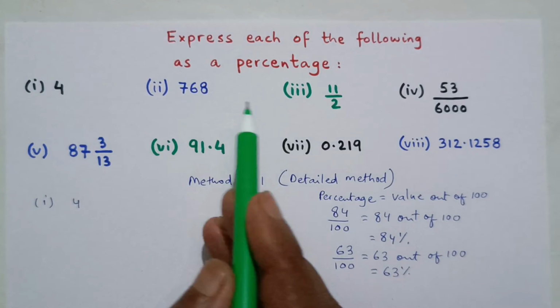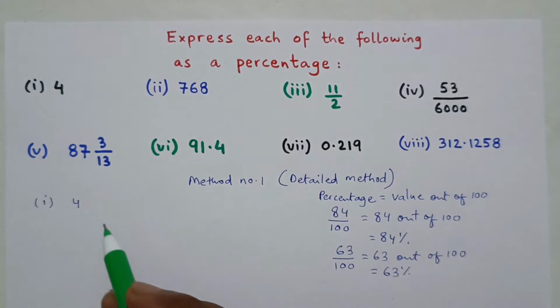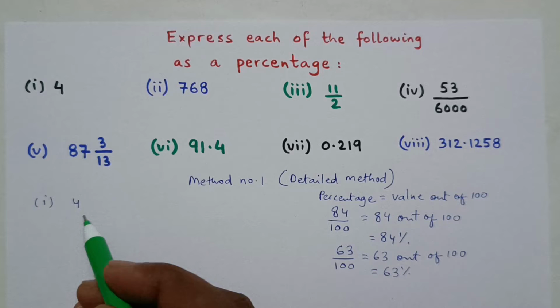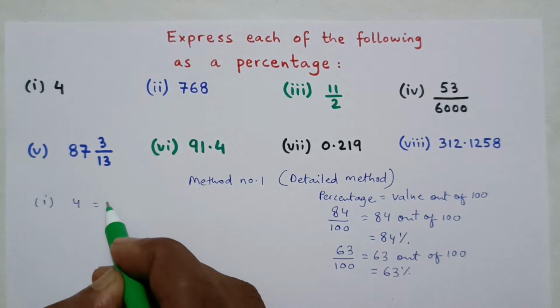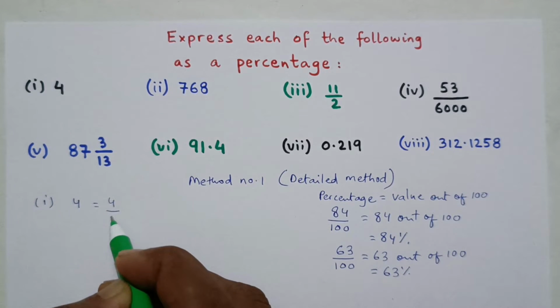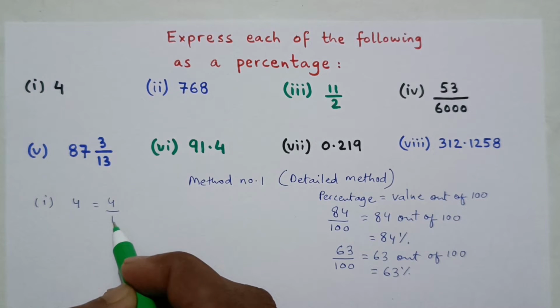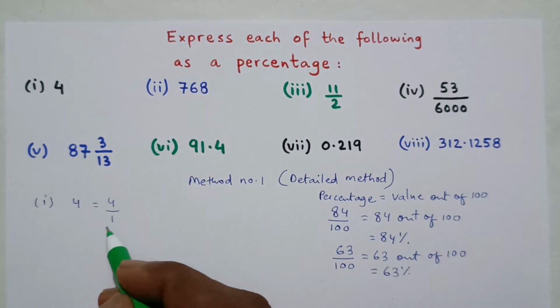Now let us go back to our question. 4, I have to convert it into percentage. 4, I can write it as 4 by 1 or 4 upon 1. Now 4 upon 1 means 4 out of 1.